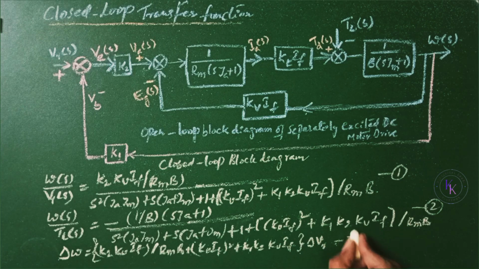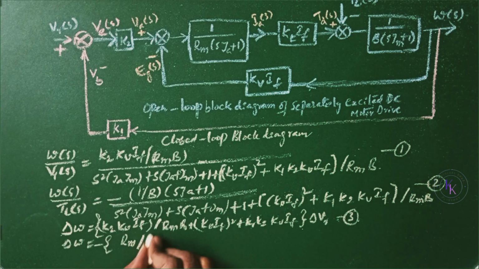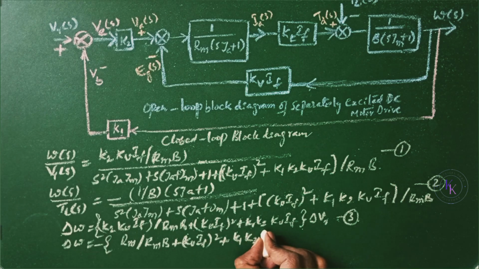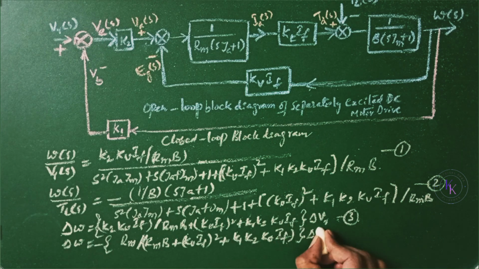That is equation number 3. This comes from equation number 1. Then delta omega equals minus of Rm divided by Rm B plus (kV IF) square plus K1 K2 kV IF, whole thing multiplied by delta TL. That is equation number 4.